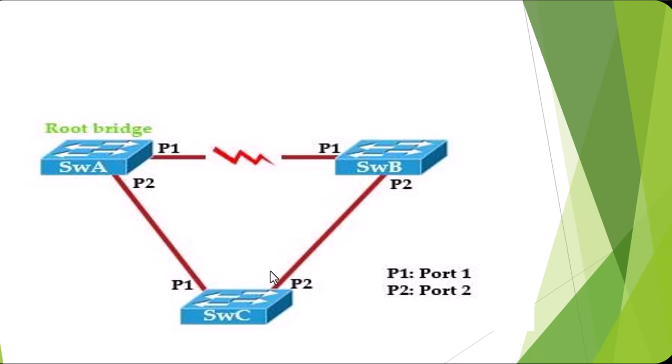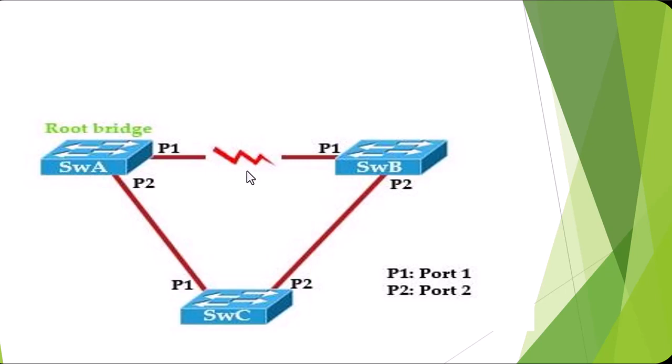This is another example of when, of course, it has to go from blocking, listening, learning, and the forwarding delay. And STP actually is not very fast. That's why we use the Rapid Spanning Tree protocol.